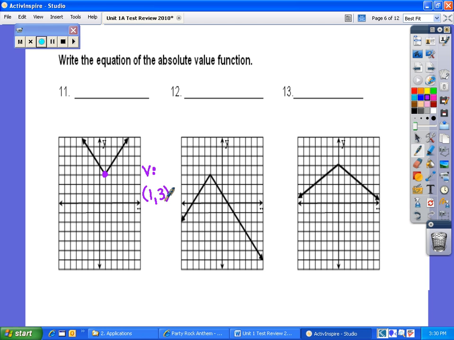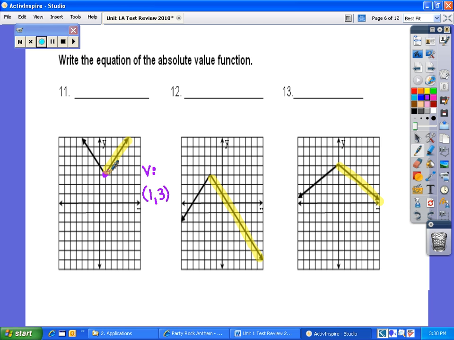The easiest thing to do to get the right slope is always to count the slope on the right, because that's usually the direction that the graph is facing. For instance, because this V is facing up, we should count the slope for the line that's going up. Usually the other line is just a reflection.